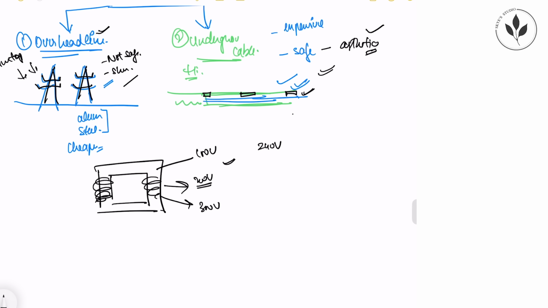For example, for houses, we only need 240 volts. For industries, we can have around 350 to 400 volts, and for other commercial areas, maybe 200 to 300 volts.